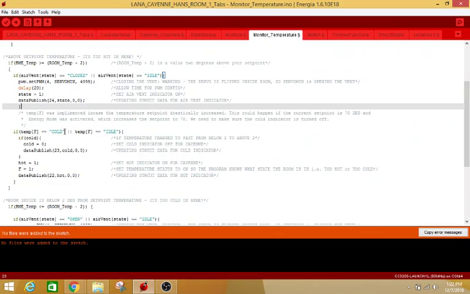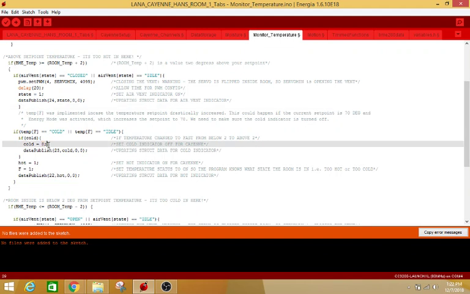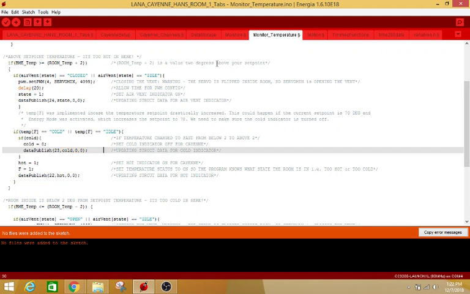The way we do that is we set the temperature F. Is it cold? Well, originally it was on, because it was cold. But now we don't want it to be on. So we set it to 0. And channel 23, as we saw above, is the cold indicator. So now it's turned off.